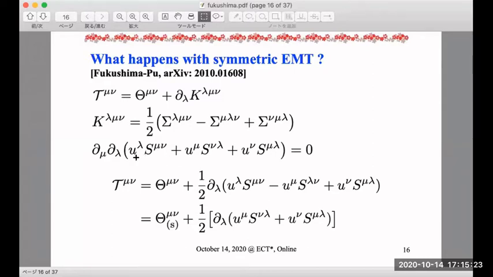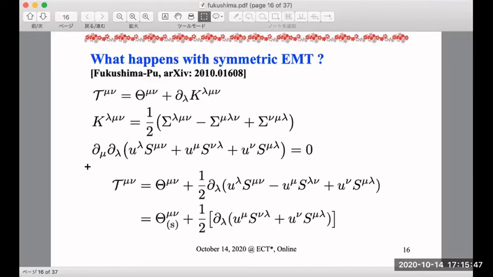Sorry, may I have a comment on this? Of course, using the Belinfante formalism, the total angular momentum conservation is automatically satisfied, right? It seems there is no dynamical equation for the S^{μν}, right? I think that is your question, right?